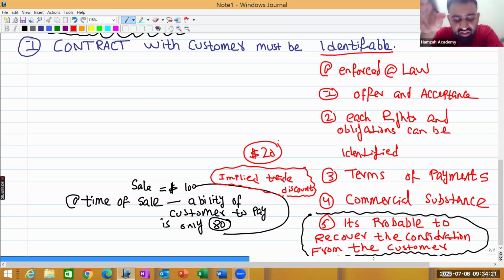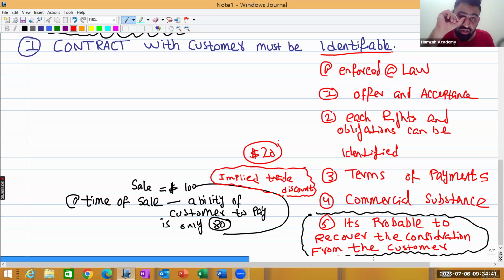According to IFRS 15, when you sell something to a customer, you record the revenue at the price which represents the ability of the customer to pay.